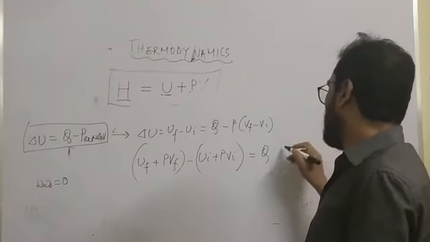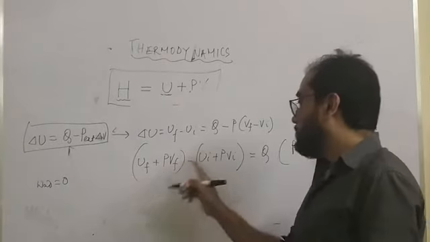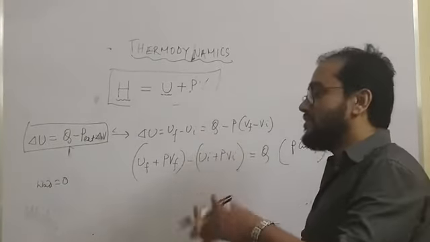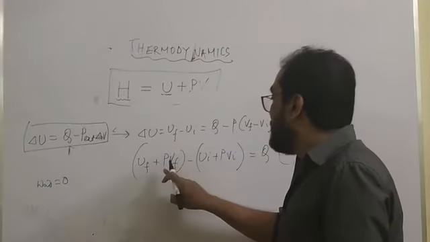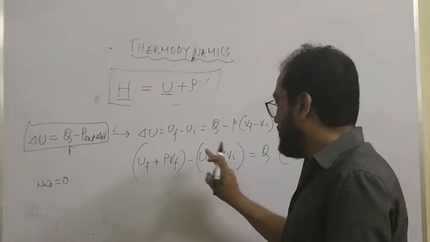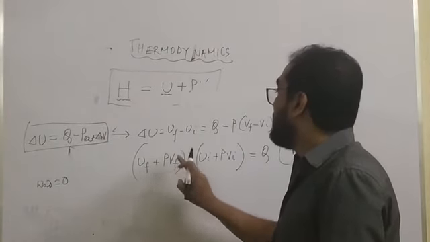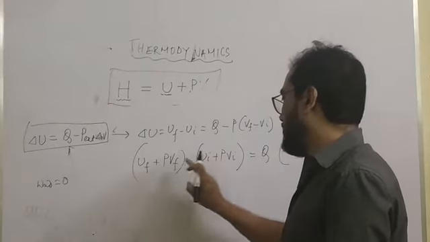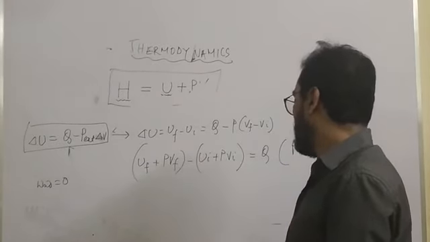Yes, so you must write P constant. We are changing the state of the system where P is constant. Final P, initial P same, but volume is changing from initial volume to final volume.